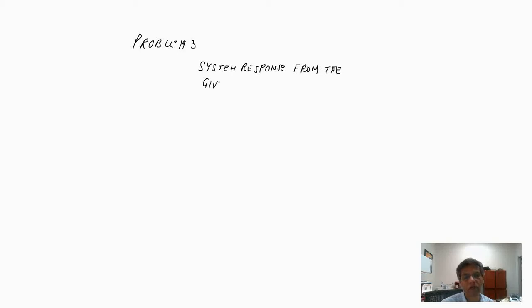Well, if you think about it, in the previous problem we had the differential equation and we got the transfer function from that, and we are going to use that transfer function from problem number 2 now to find the system response. So here we are.